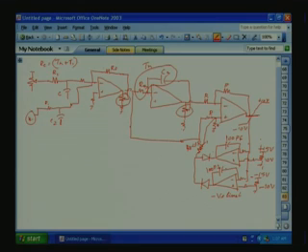See, this way we have controlled the output. The same configuration we can use here also for PI control, that is, you have two operational amplifiers this way, so that, okay, you have the resistance here.